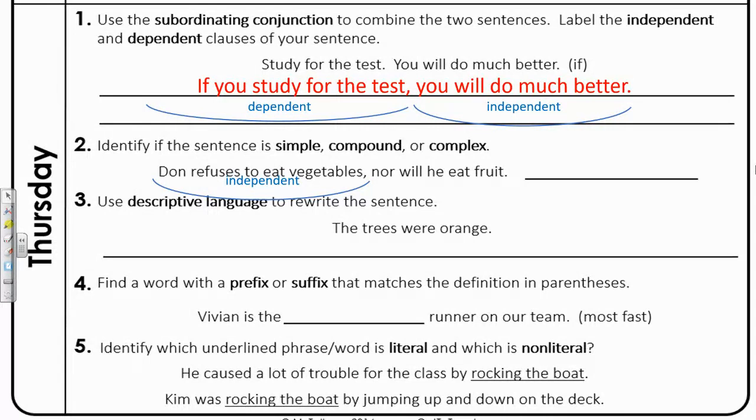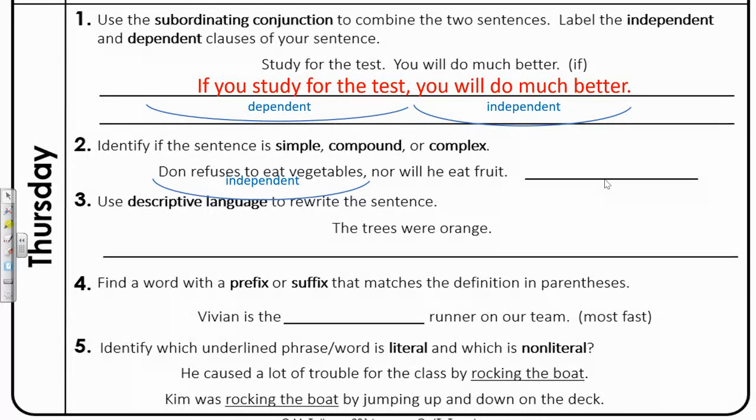Nor will he eat fruit. Now, remember, nor is a coordinating conjunction. Okay, so when you have a sentence with a comma and a coordinating conjunction, you just use the other part to see if that's an independent or dependent clause. And what I mean by that is you're not going to say, nor will he eat fruit.